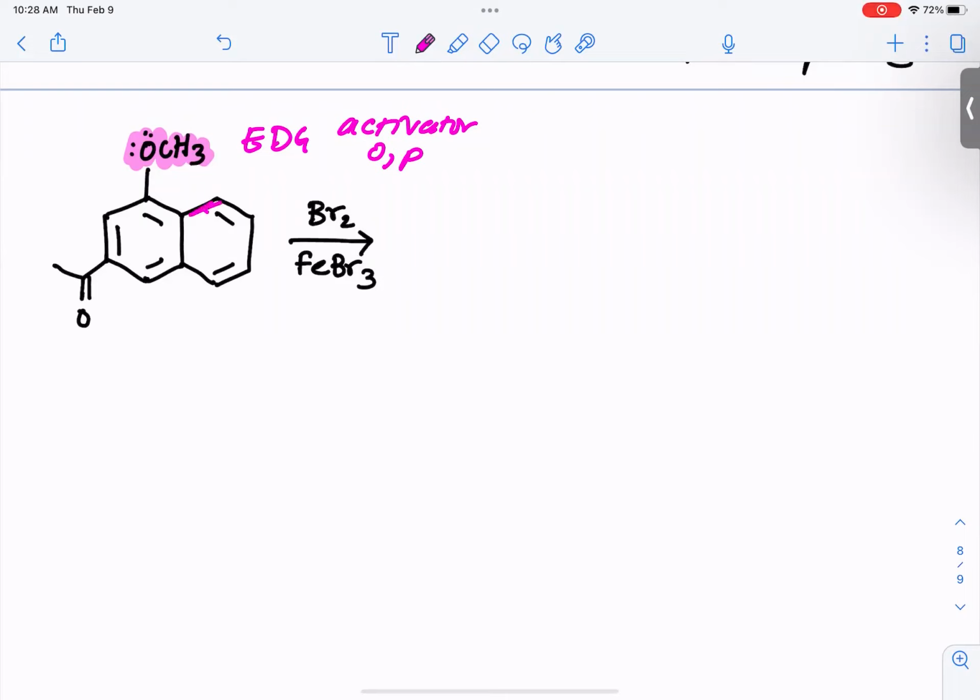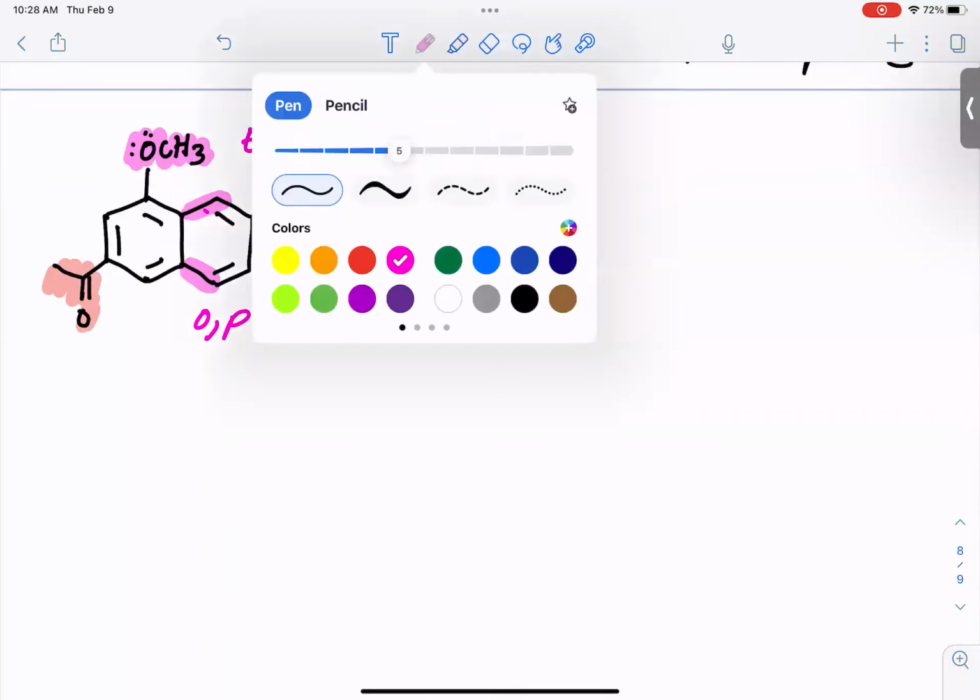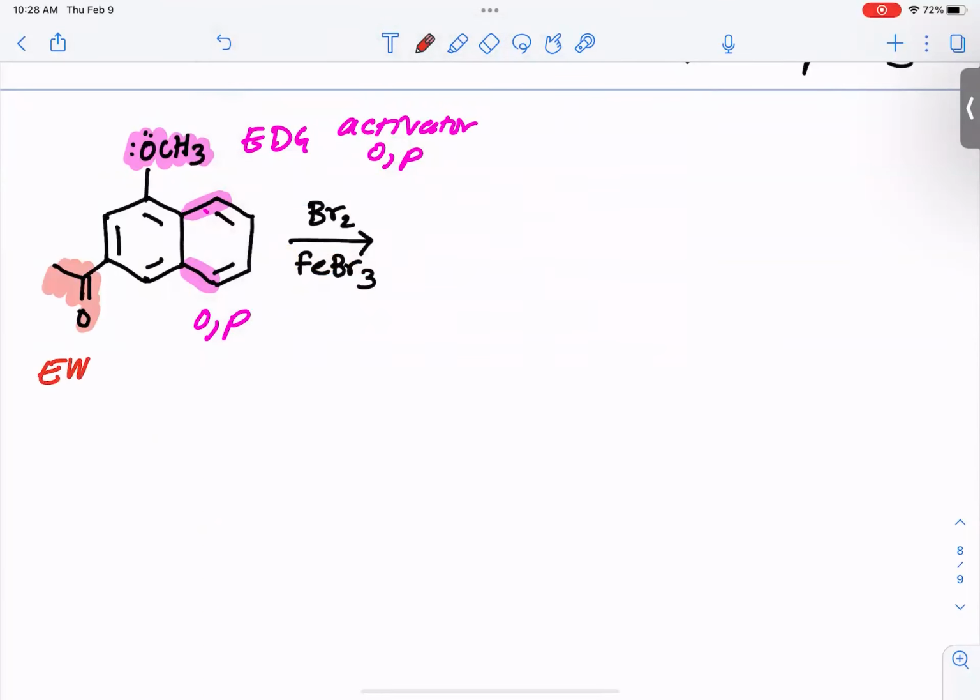I have this benzene ring here that's attached. That is an ortho para director. And then I have this here, okay, which is an electron withdrawing group, which is a deactivator and is a meta director.